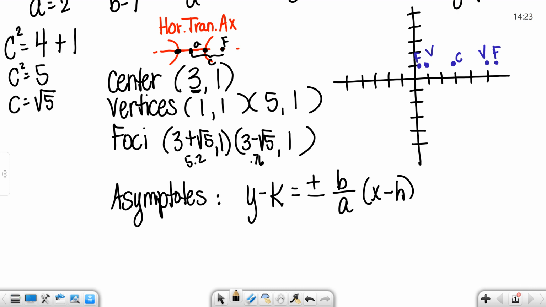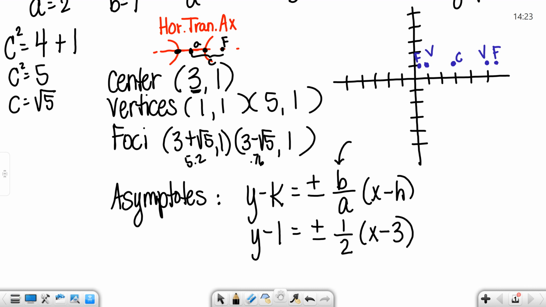So since this one's horizontal, our slope is b over a. Okay, so now let's plug everything in where it goes. Our k value is 1, plus or minus our b value. Remember we found our b value was 1, our a value was 2, and our h value is 3. All right, so there's our asymptotes.